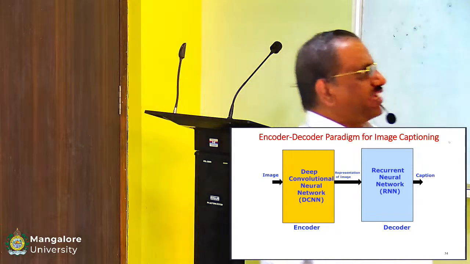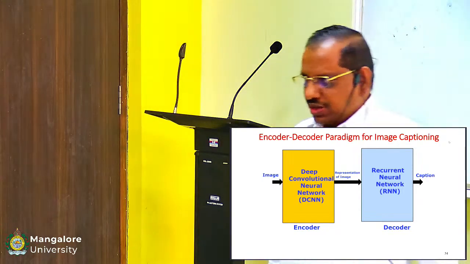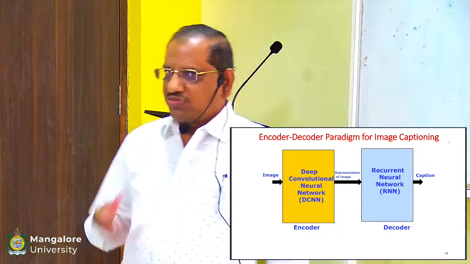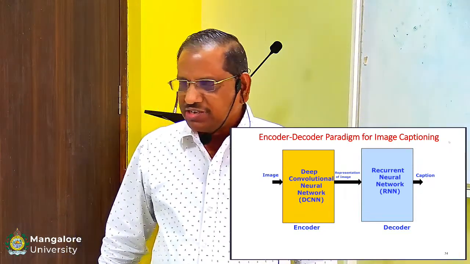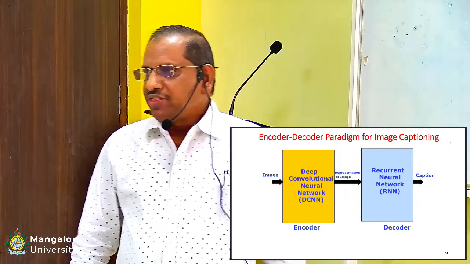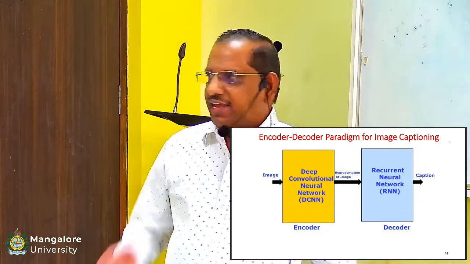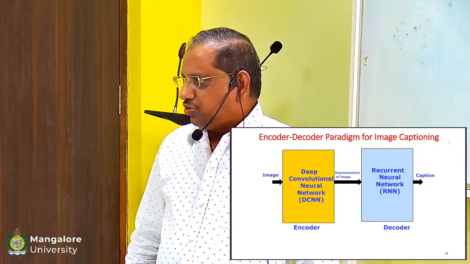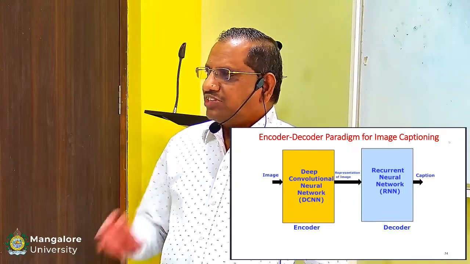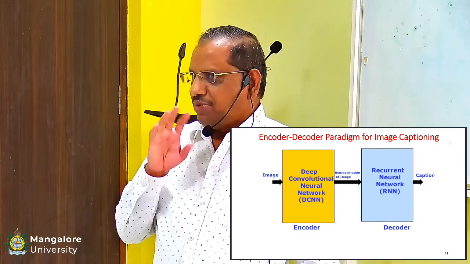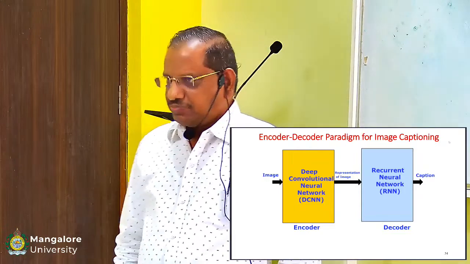Basically, the encoder takes an image as the input, and typically the encoder is one of the CNN models that we have looked at. If you take the output of the pre-final layer of any of the deep CNNs we looked at, that gives a representation of the image in the form of a feature vector.